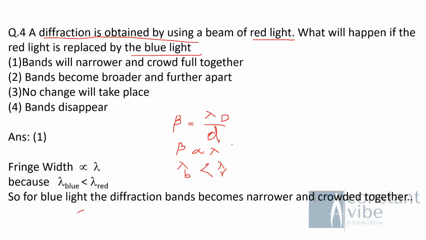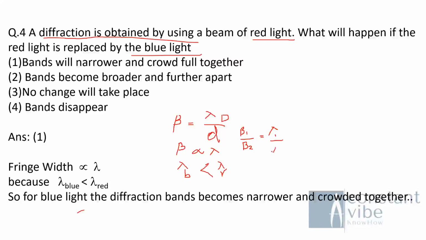So the ratio of bandwidth beta 1 by beta 2 is equal to lambda 1 by lambda 2.